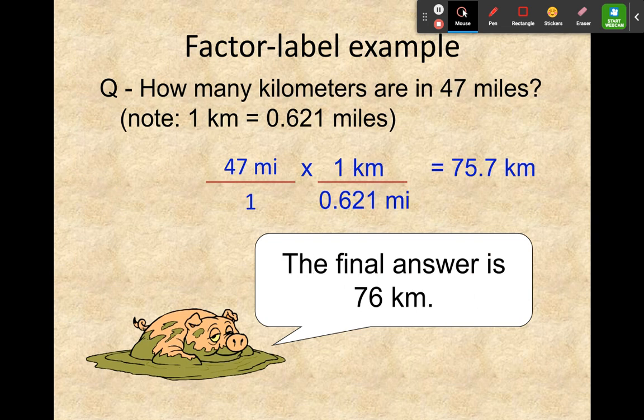So you would have 47 miles over what? What do you write your given over? 1. Then you figure out which conversion factor to use, and they've already given that to you. And your units have to cancel out, so miles have to go where? On the top or the bottom? They have to go on the bottom in order to cancel out. Because you have 47 miles over 1, so then you have to put miles on the bottom in order for it to cancel.